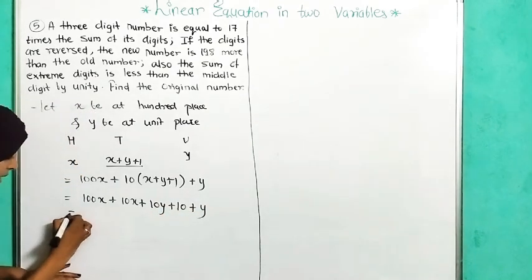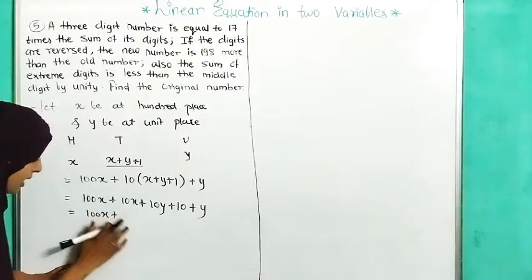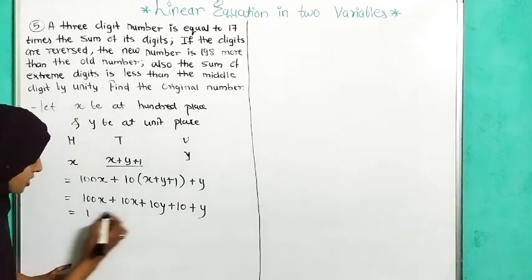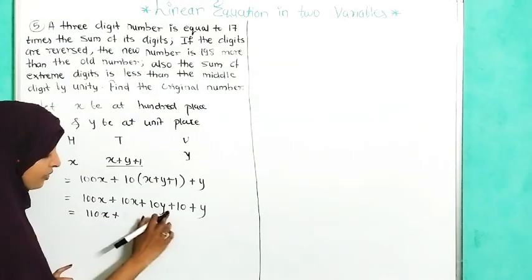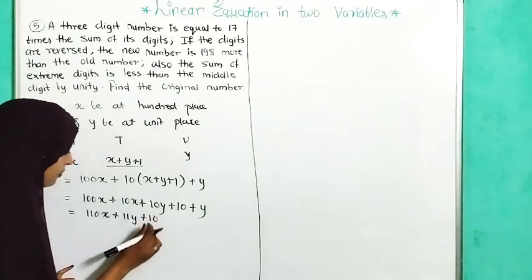So here we get 100x plus 10x is equal to 110x, plus 10y plus y is equal to 11y, plus 10.